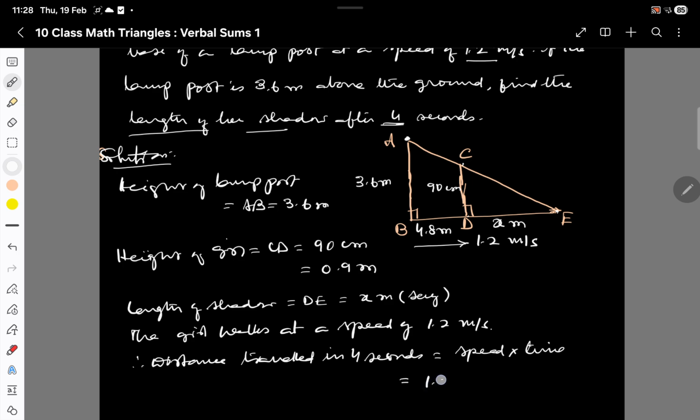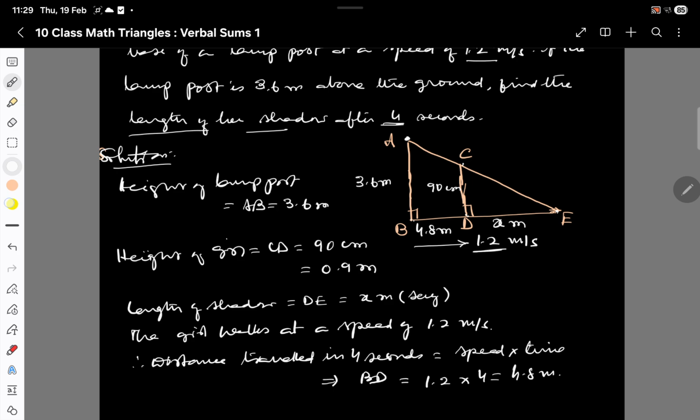It is 1.2 into 4 seconds, so that is equal to 4.8 meters. So here BD is equal to 4.8 meters. This is the distance moved by the girl in 4 seconds with a speed of 1.2 meters per second.